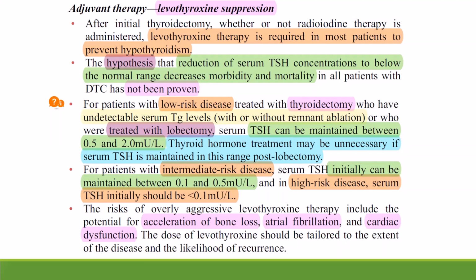But in the exam, if you cannot be sure of the risk stratification of your patient and they ask about the target of the TSH, please choose less than 0.1. Dr. Arado, how long should it be suppressed? For life.